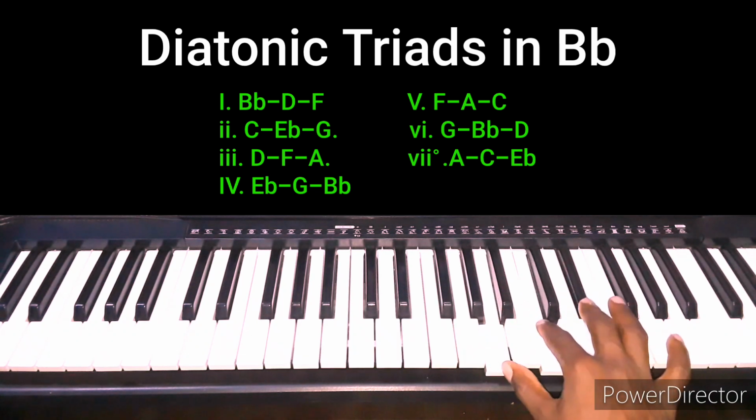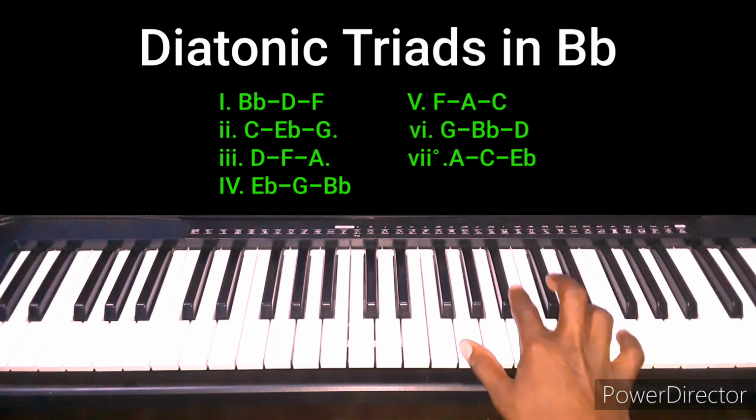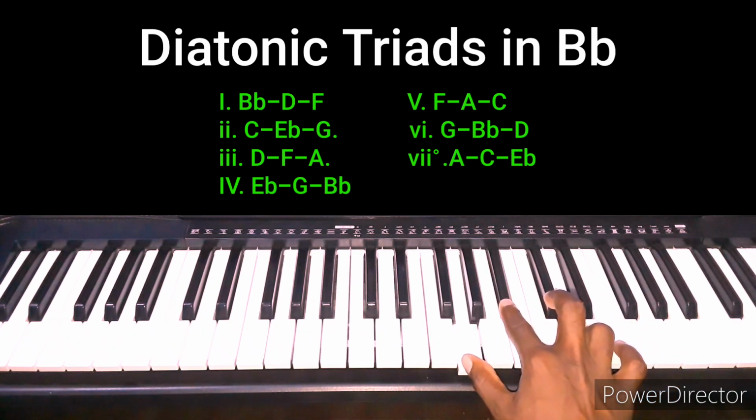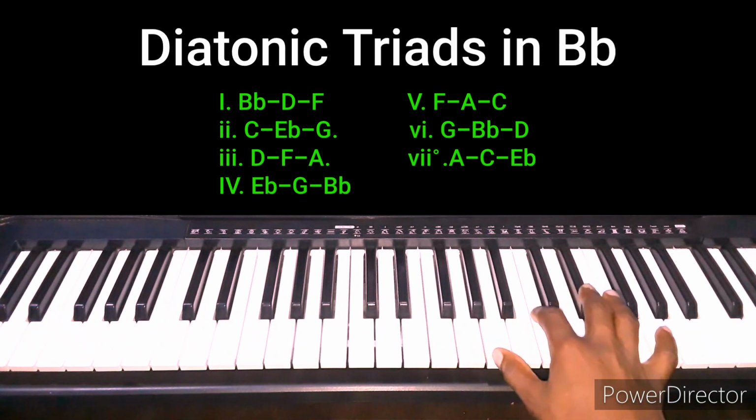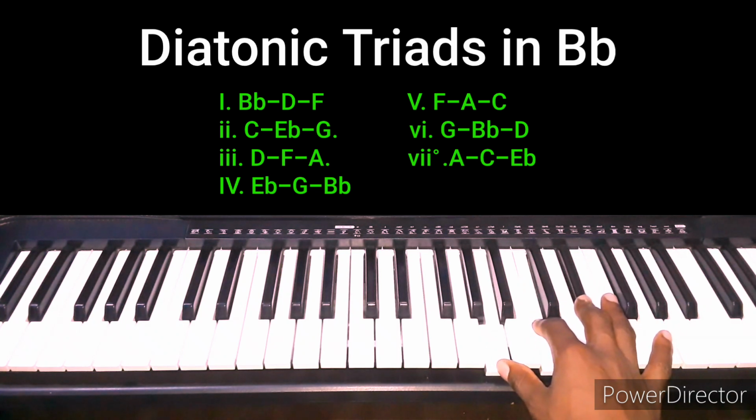Chord 7 is a diminished chord, always A diminished. So chord 6 is the G minor chord, and then A diminished becomes chord 7. In every major key, the seventh diatonic triad is always a diminished triad. So chord 7 here is A diminished.